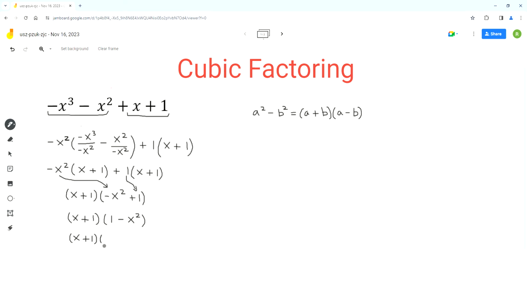And the second one, 1 can also be written as 1 squared because 1 squared is equal to 1. We can factor this expression using difference of squares. So we get 1 plus x times 1 minus x.